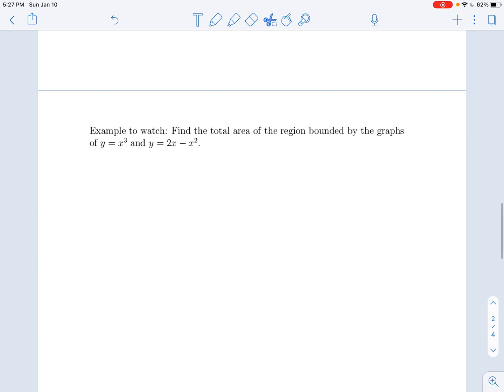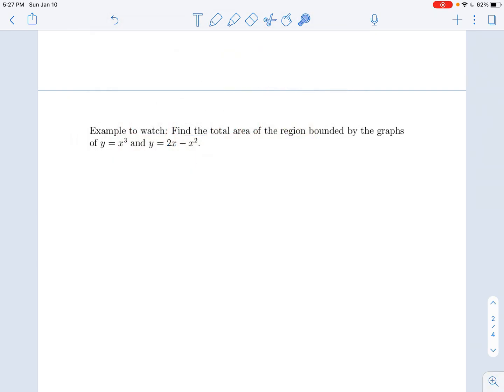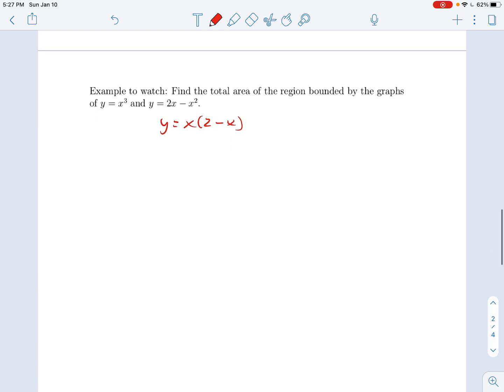So hopefully we kind of know what these things look like. We know x cubed, more or less, is a curve that goes like this. And y equals 2x minus x squared, well, it's clearly a downward facing parabola. If I factored it like this, we would see that its intercepts are at 0 and 2.